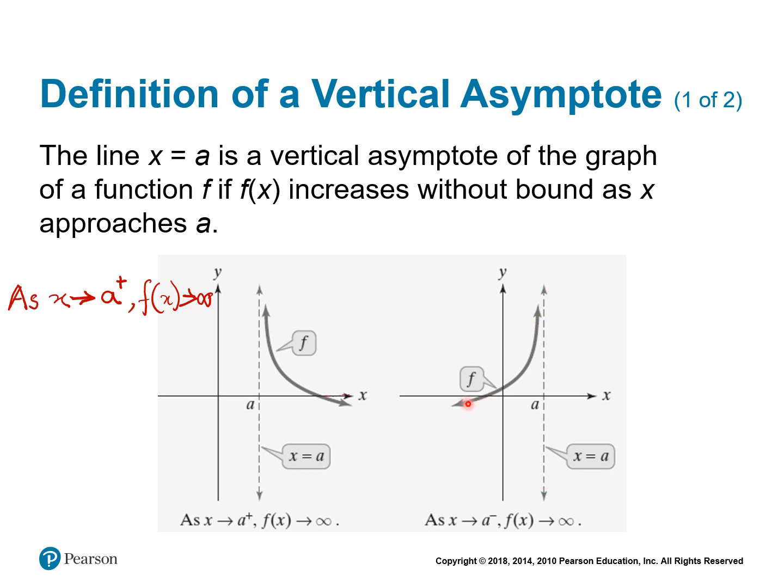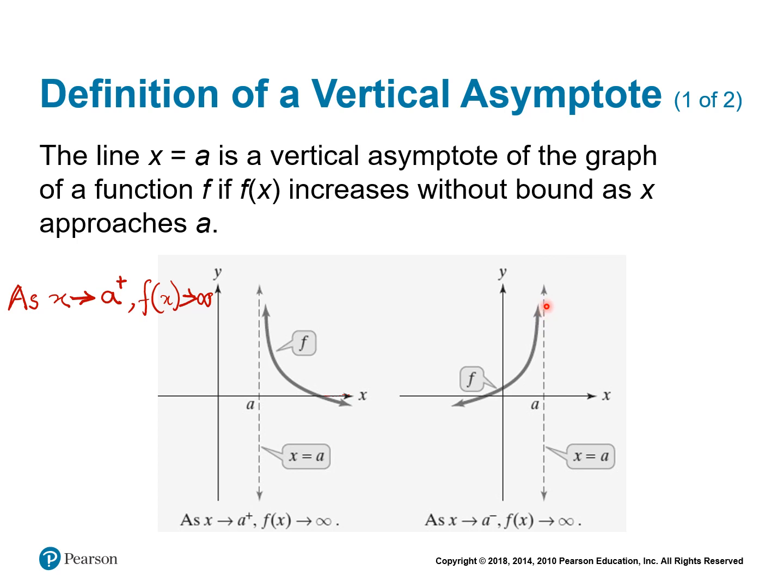For the second graph here, we see that the vertical line is the same line, x equals a, but the graph is approaching the vertical line from the negative side. As the graph approaches the vertical line from the negative side, it rises without bound. It is approaching infinity.